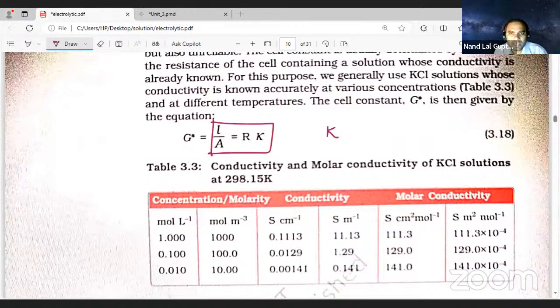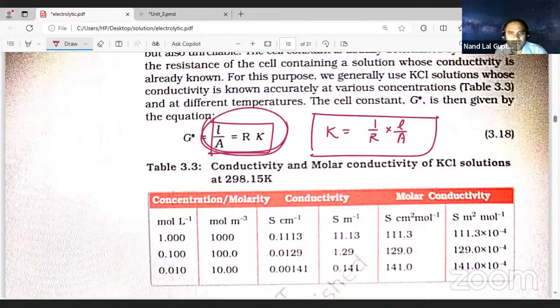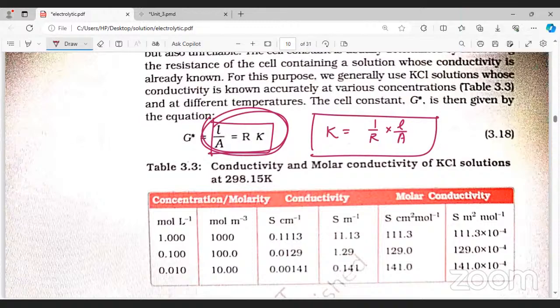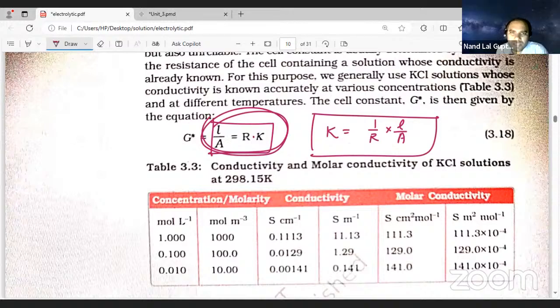So can it be K is equal to what from here? R will go this side. So K equal to 1 by R into L by A. Will it come from this expression? Tell me. I'm just saying that is what we derive.